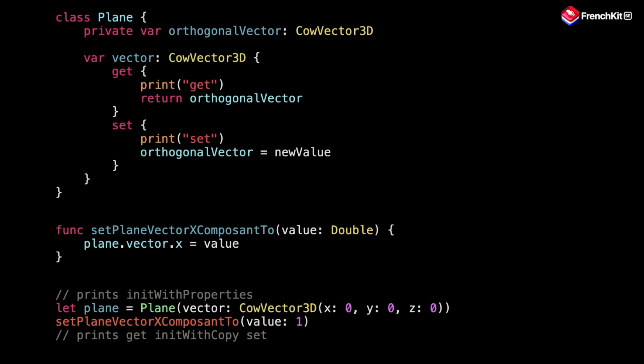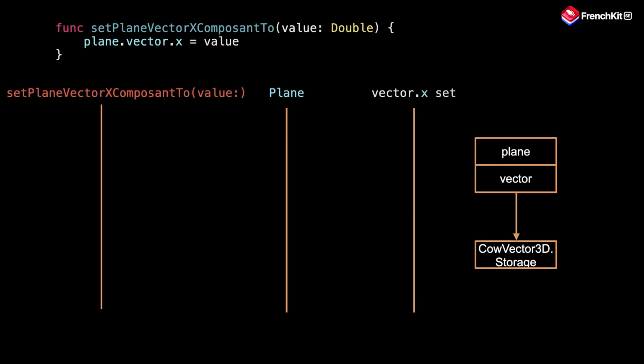What's that about? Well, let's see in detail. My setPlaneXVectorComponent, well, it's really long. I shouldn't have named it that way. So my function is going to call the vector getter, because it's all it knows. Actually, it's a computed variable. It has a getter and a setter. So if I want to get the value, I need to call the getter.